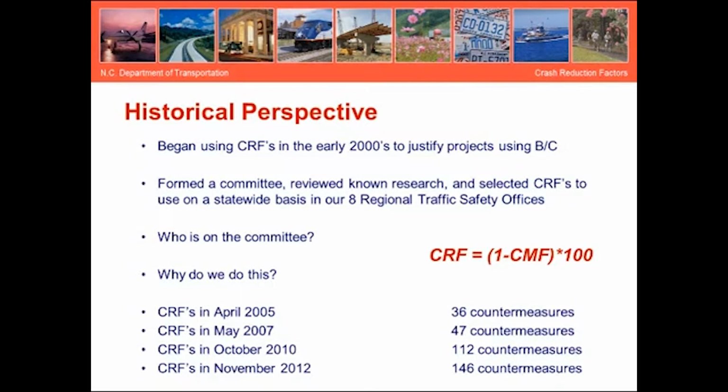With them using variable CRFs, projects in the eastern part of the state would get funded more so than the western part. So we really wanted a fair system, where everybody's using the same data across the state, so that when projects are compared to each other, it's apples to apples.